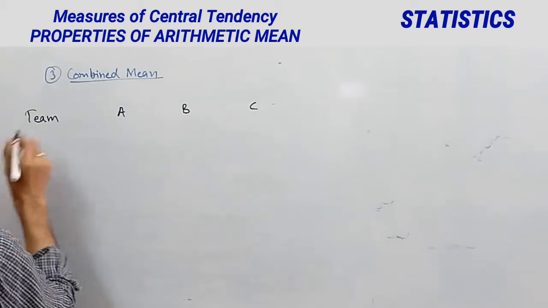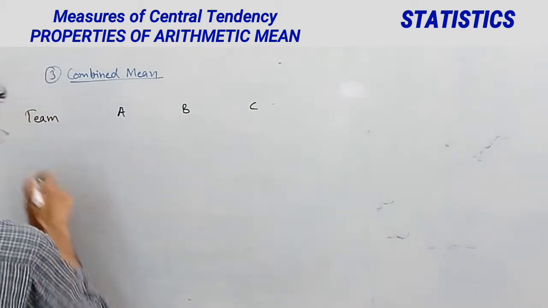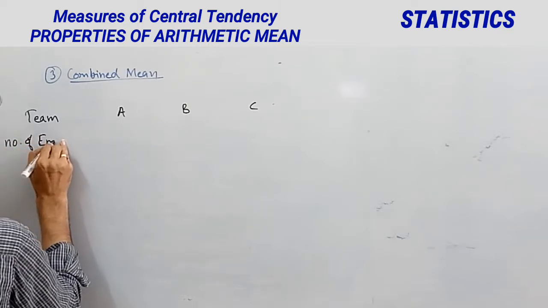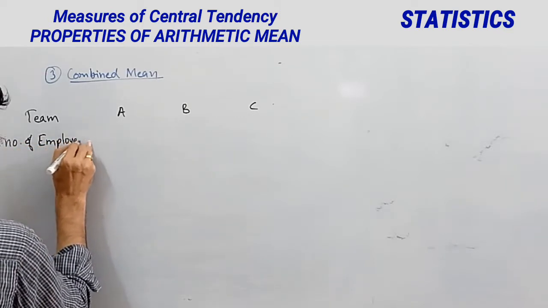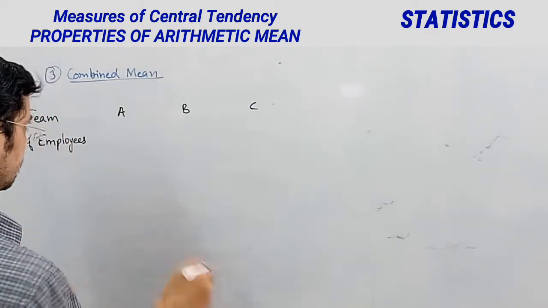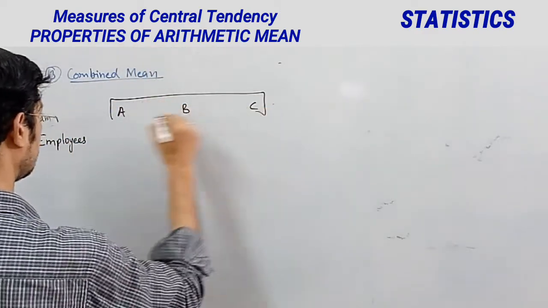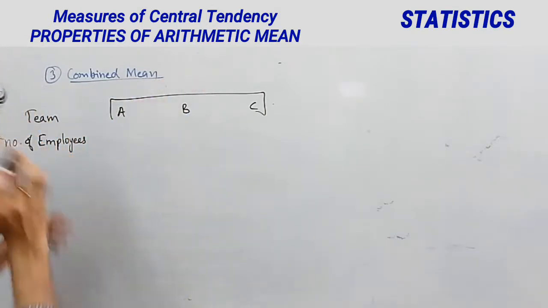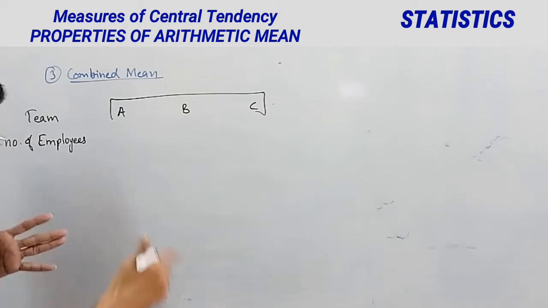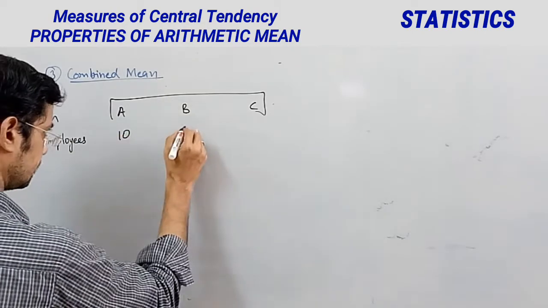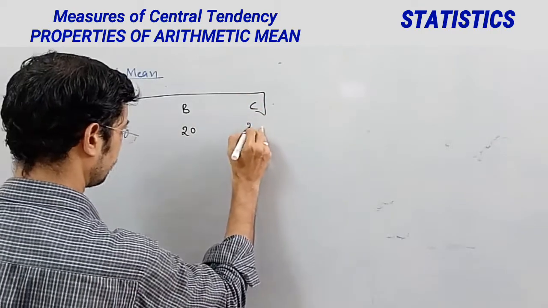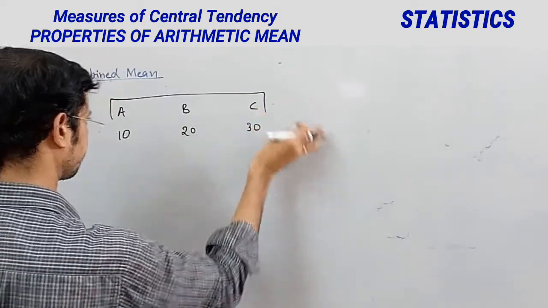Okay, so how many employees were there in team A? The number of employees in team A of the company, there is one company, and these are different teams of the company. The number of employees in team A may be, say, 10, and here suppose there are 20 people in this team and here we have 30 people in the same team.